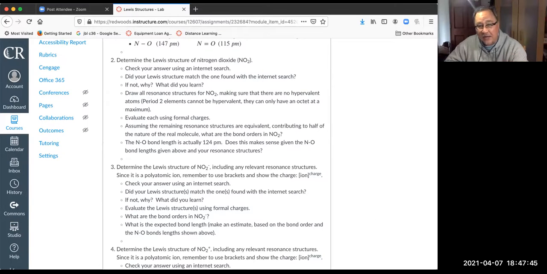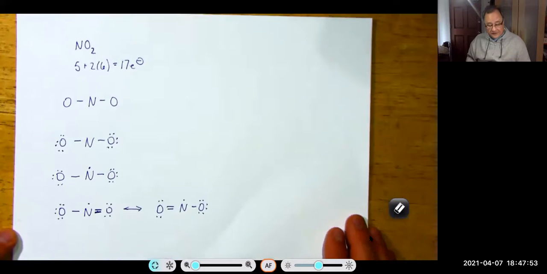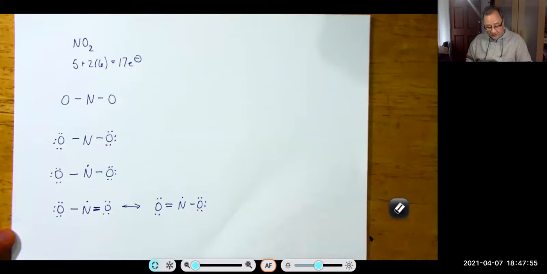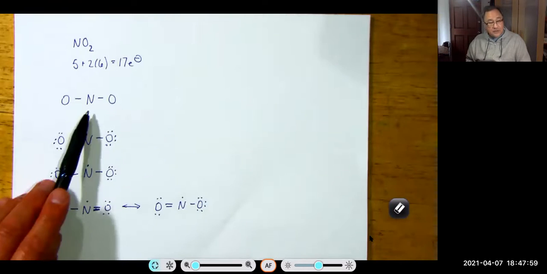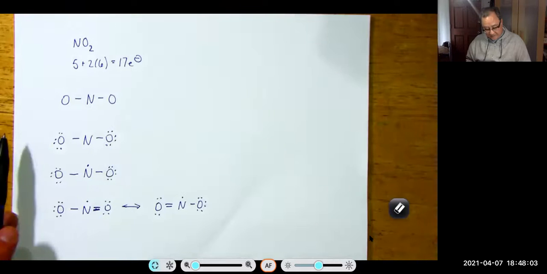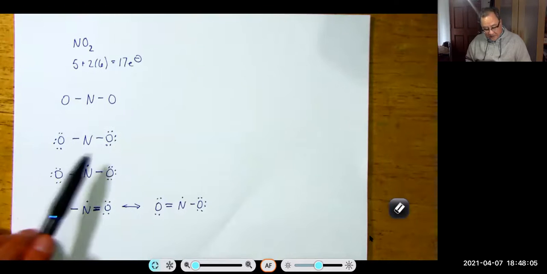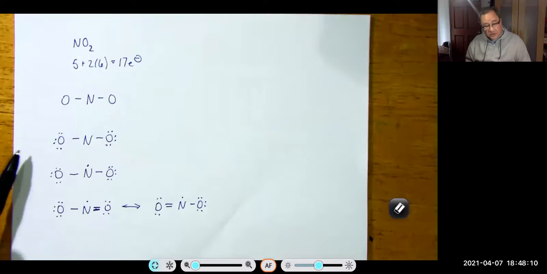Okay, so now let me share with you what I got. What I did here is I went through it step by step. First, 17 electrons. Next, nitrogen in the middle with oxygens on the wings. Next, octets on oxygens. And that's only 16 electrons, so I had to put the last electron on nitrogen.